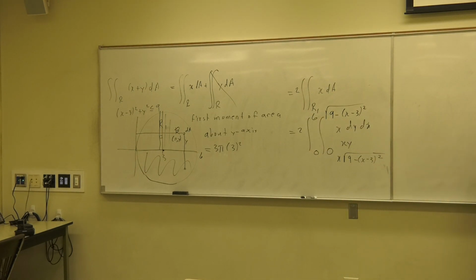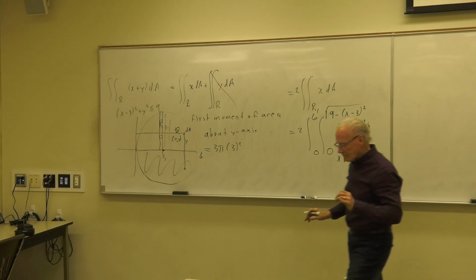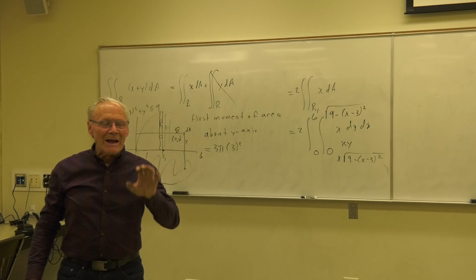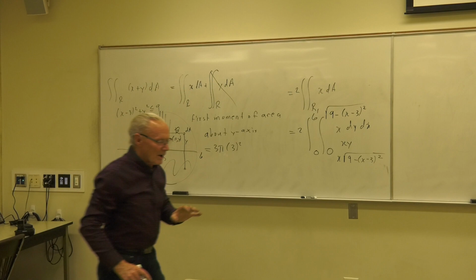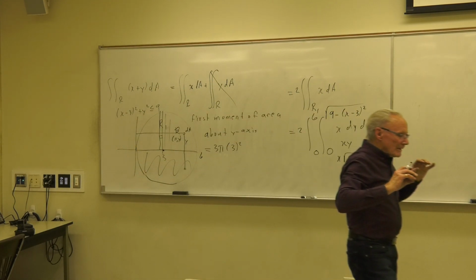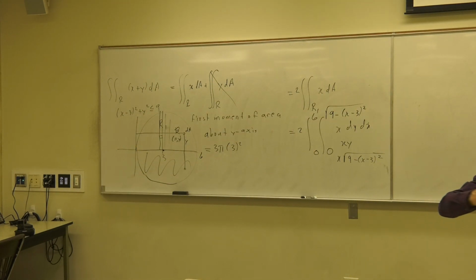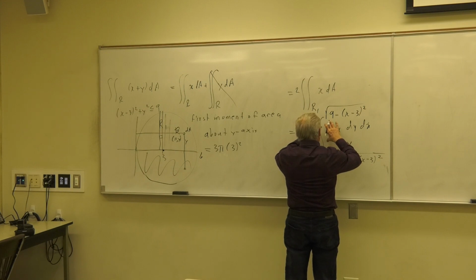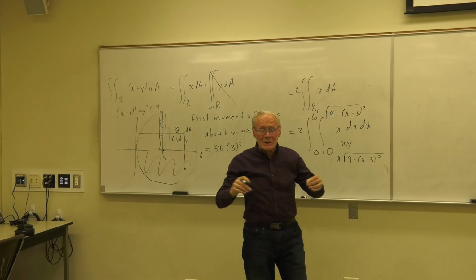Now, I said to you a few minutes ago that there are 2 distinct parts to every double integral, the integrand and the region. The region dictates the limits. Conversely, if I put limits on an integral like this, you can decide what the region is.